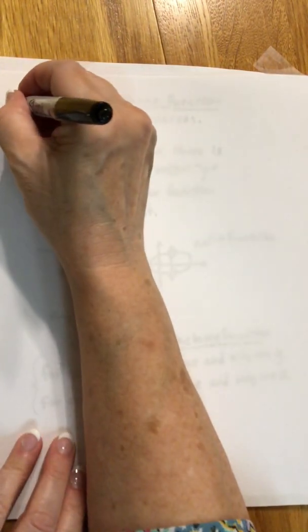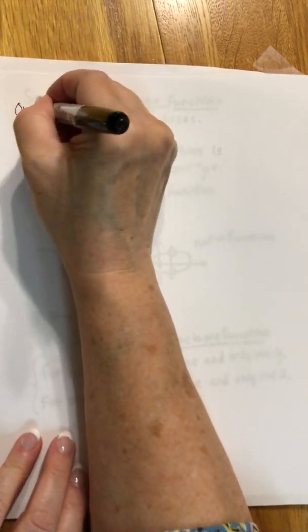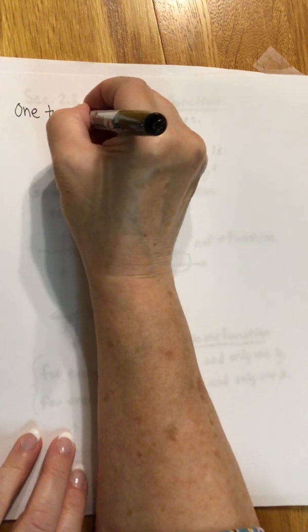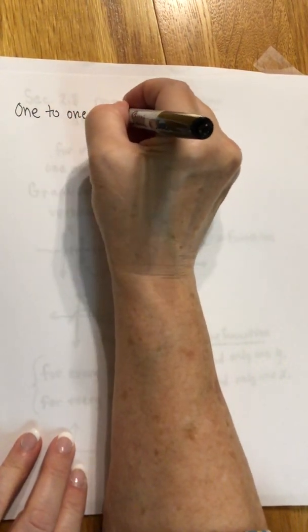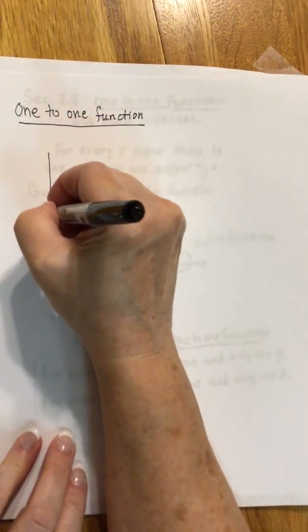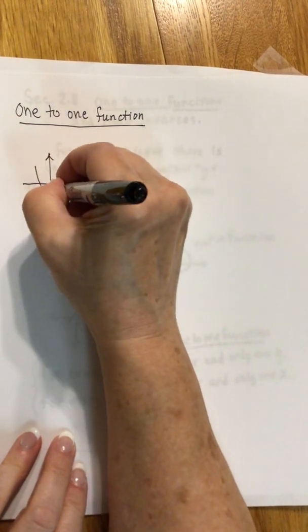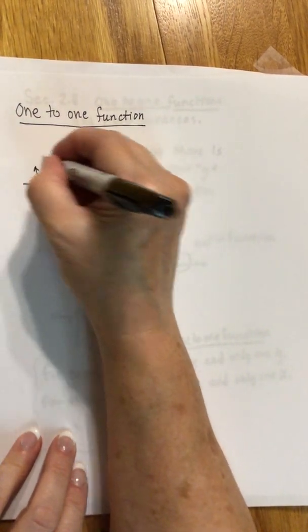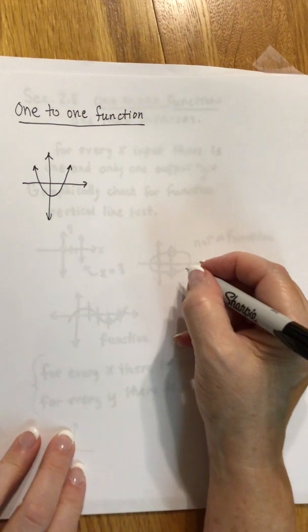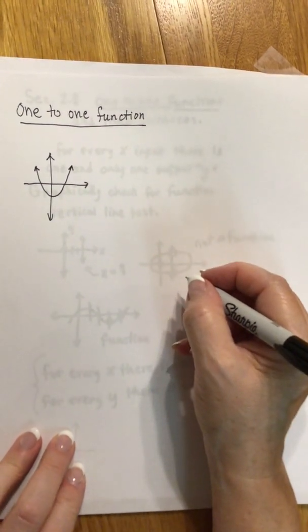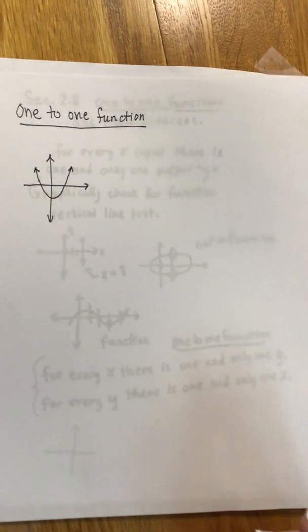Okay, so we're looking to see a one-to-one function. So if I give you a picture that looks like this, first, is it a function? Okay, so does it pass the vertical line test?